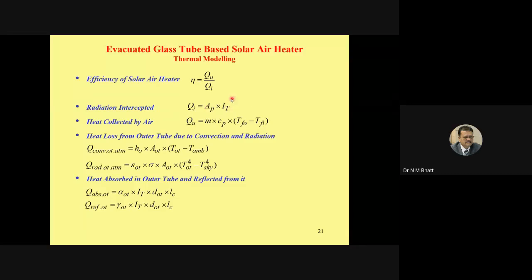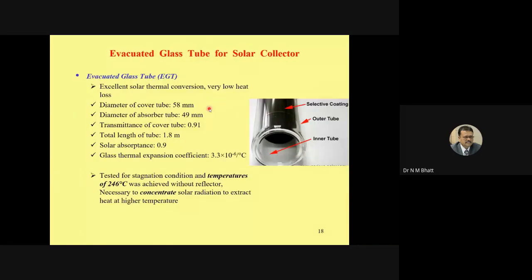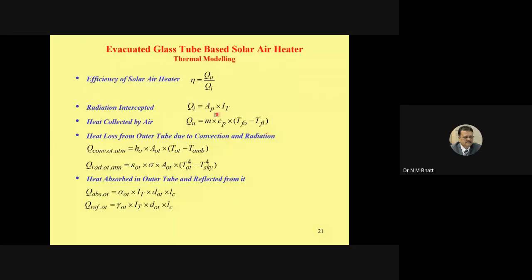Remember one thing, this aperture area would be different, because we have made various collectors from a single tube. So the absorber area is always fixed, and depending upon the concentration ratio, the aperture area will change. So the appropriate equation is to be used depending upon the concentration ratio.